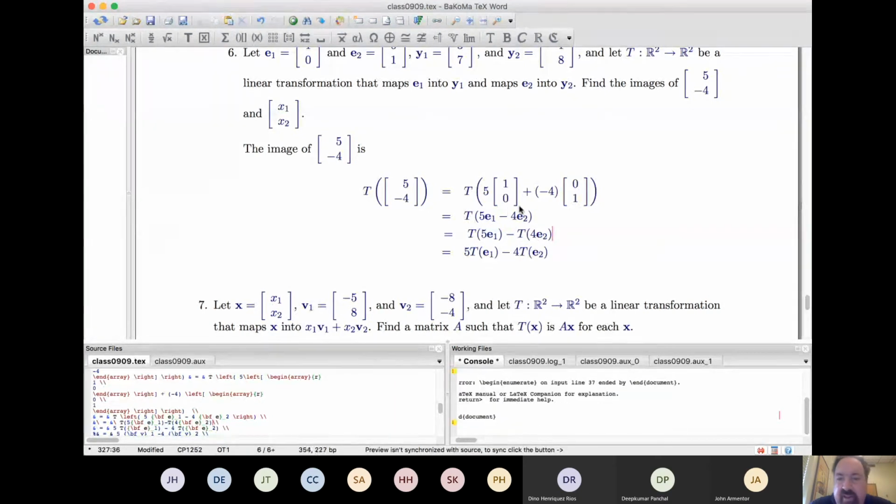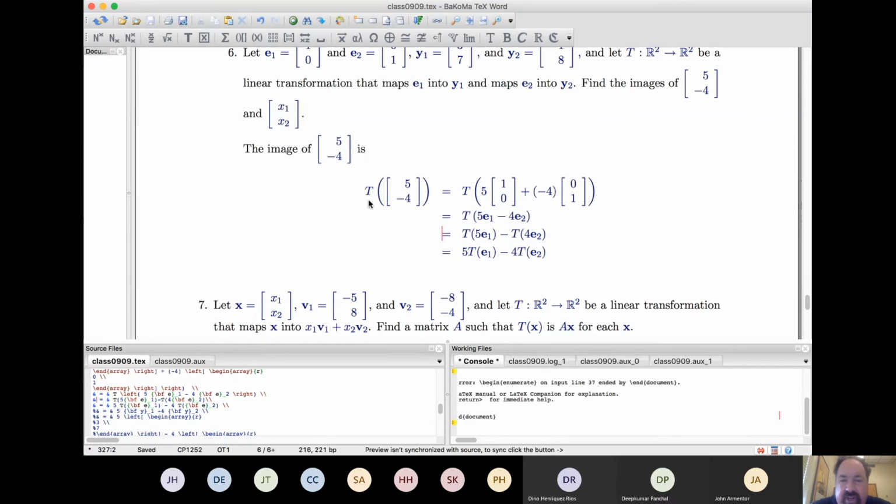So here, the transformation of a difference is equal to the difference of the transformations. Then in each of these terms, I have these constants, 5 and 4. Pull them out.